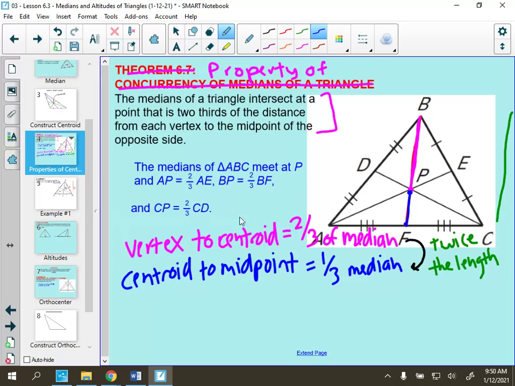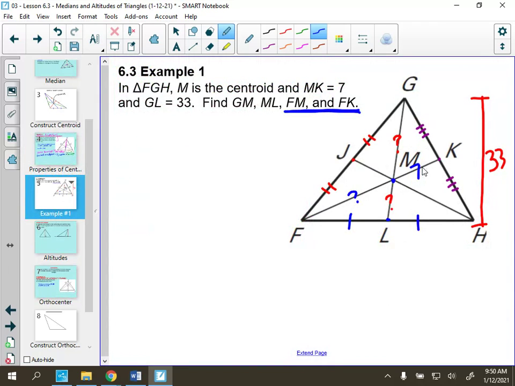So that concept, I think we can apply right now. If I know that MK is 7 units long, this longer one from F to M is supposed to be twice as long as that one. This better be 14 units long.